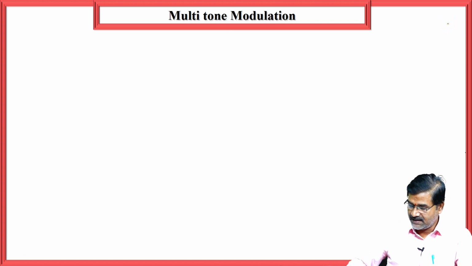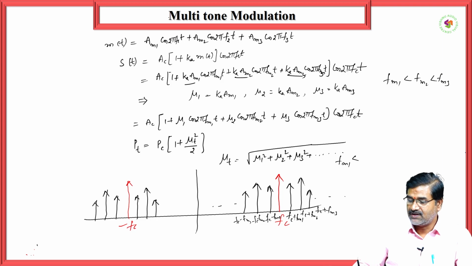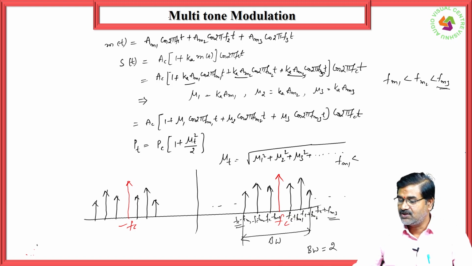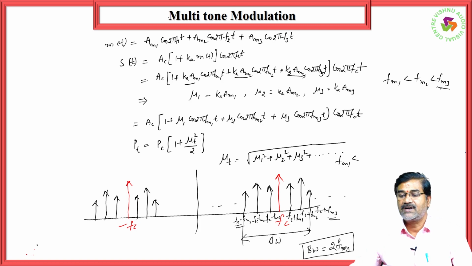Now if you look at the bandwidth of the signal, this is the highest frequency component, this is the lowest frequency component, hence this will be the bandwidth. So the transmission bandwidth is 2 times fm3, since fm3 is the highest frequency component. So 2 times fm3 will be the bandwidth required for transmitting the multi-tone AM signal.